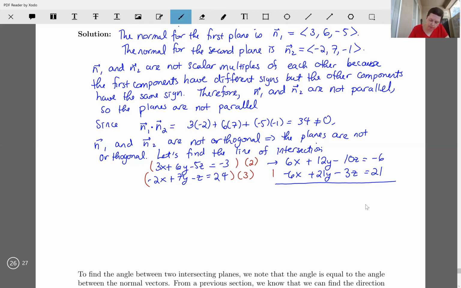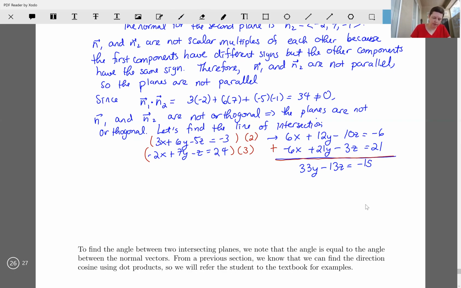So we're going to do a plus. And when I add them together, what do I get? Well, I get 33y minus 13z equals -15. Now we're going to solve for y as a function of z.